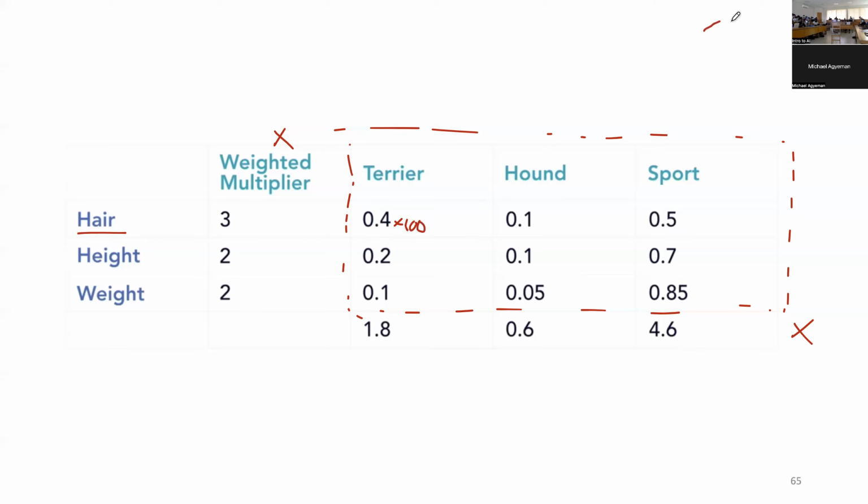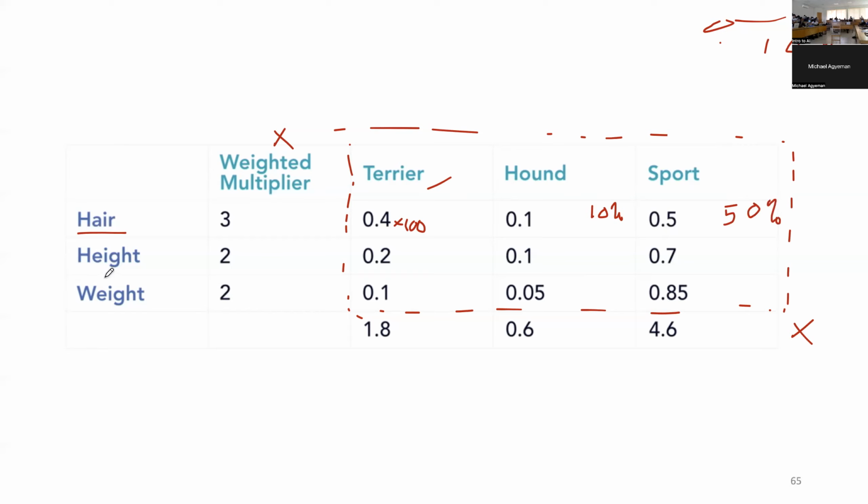Like we said, it's probability, which means 0 to 1, or we just say up to 100%, for example. We say there's 40% chance based on the hair length alone that it is a terrier, and there is 10% chance that it's a hound, and also about 50% chance that it is a sports dog.